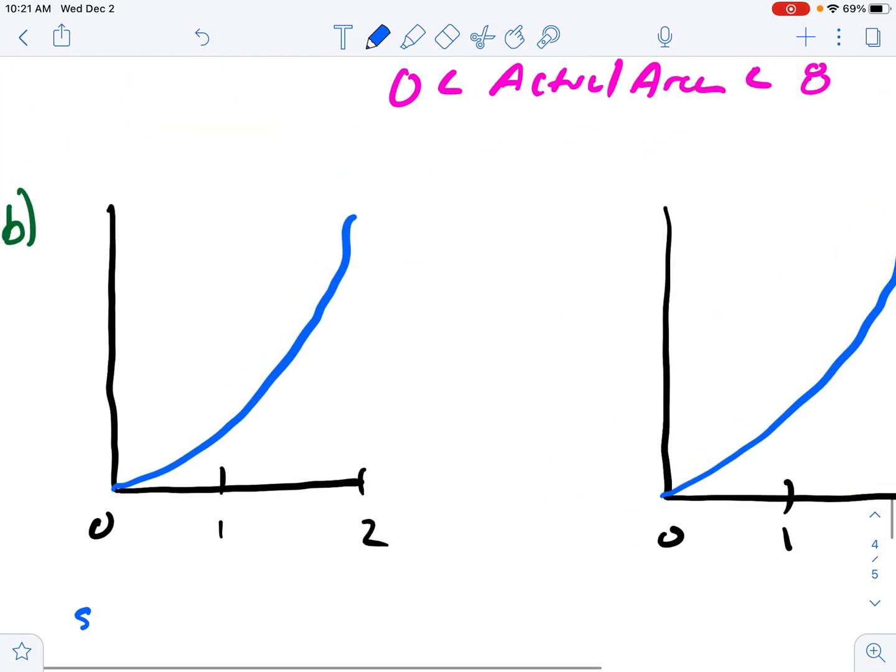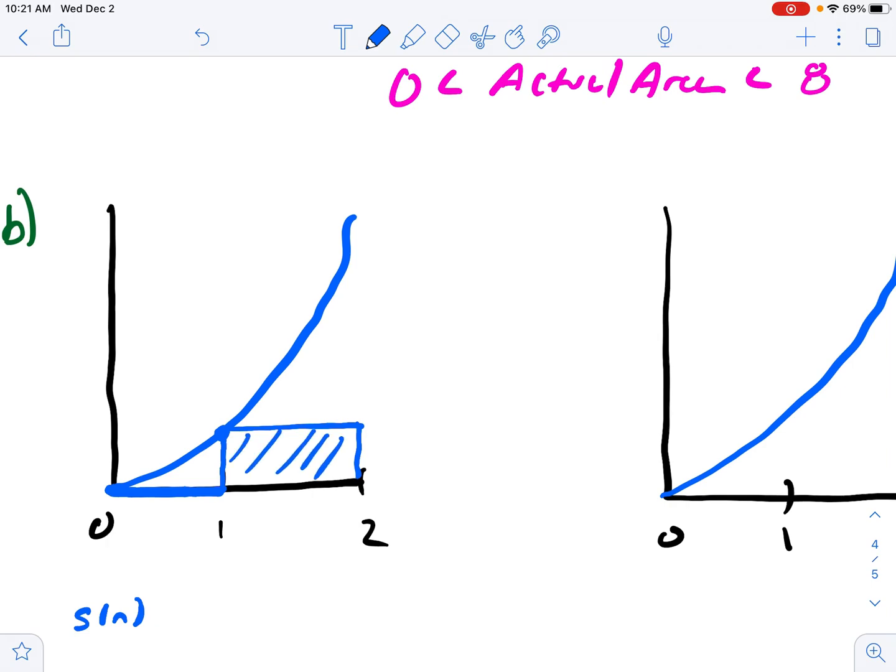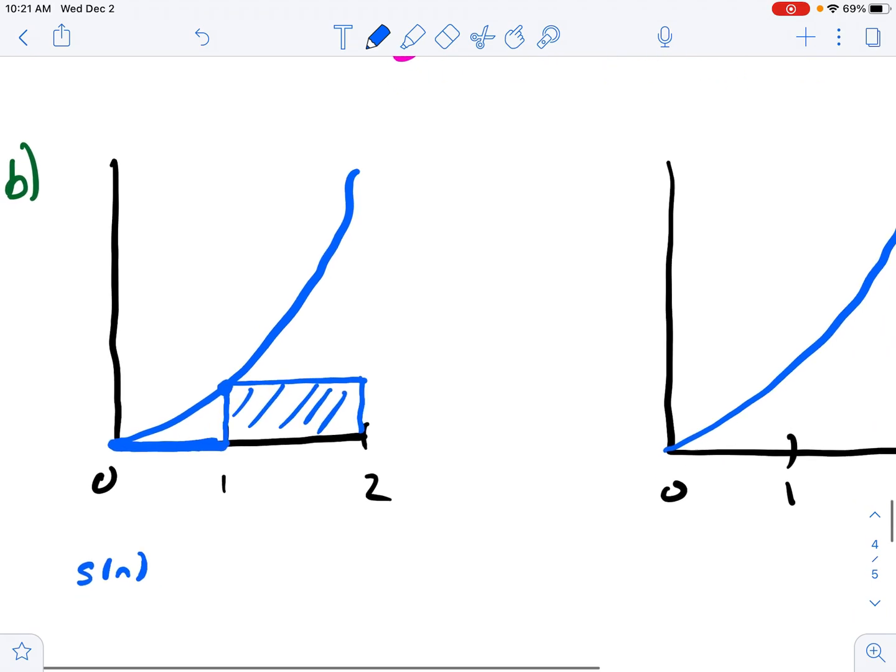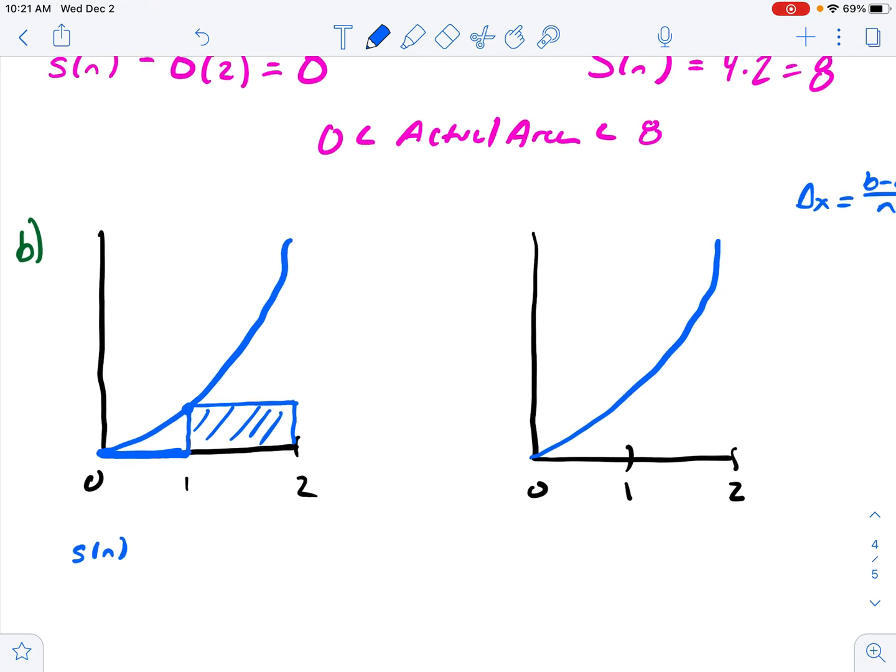So the width of each rectangle is 1. For the lower sums, on the interval 0, 1, the height is lowest on the left side, so there's the height of the first rectangle. On the interval 1, 2, the height is lower at 1, so I'm going to go up to the function at 1, there's the height. And so basically I'm finding the area of that rectangle plus that, which is 0, to get an approximation.